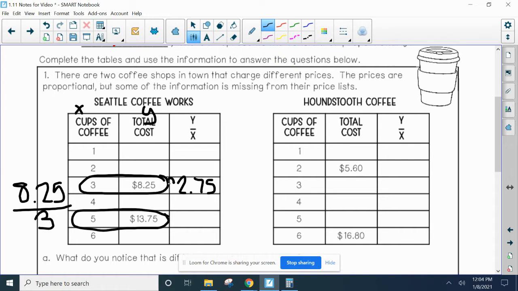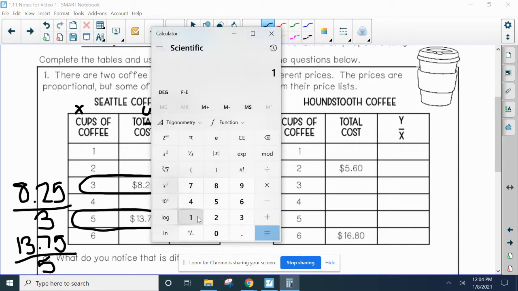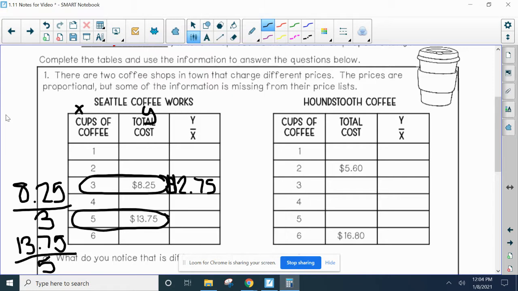One more time, we're going to try that with 5 cups. For 5 cups, it says 1375. We're going to divide that by our x, so y over x. Let's check and see if we get that same constant. 1375 divided by 5, again, gives us 275.